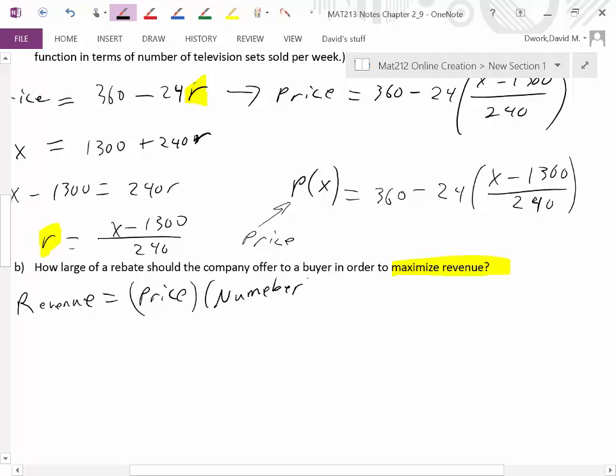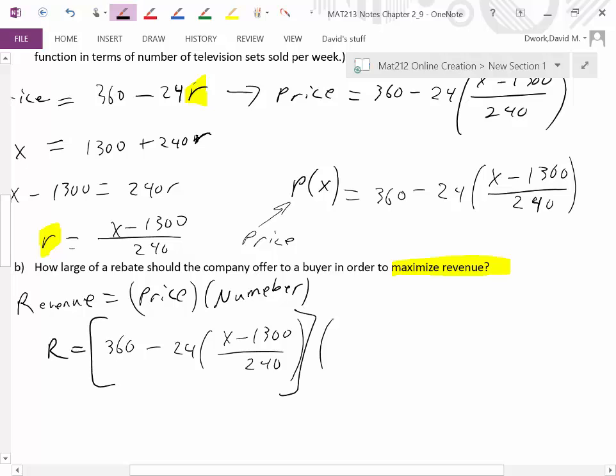So revenue is equal to the price equation, 360 minus 24 times (X minus 1,300) divided by 240, times, and careful with your parentheses, make sure you really break this down. That's the price equation, and then times the number of items sold.